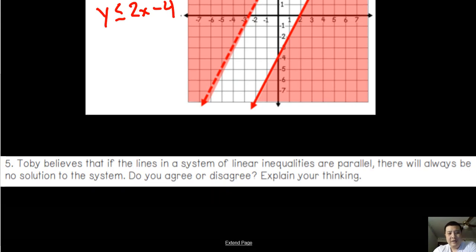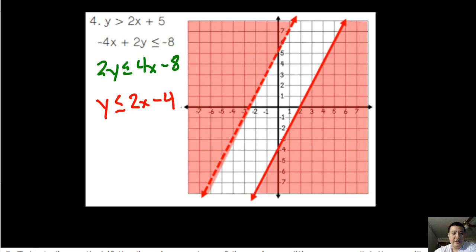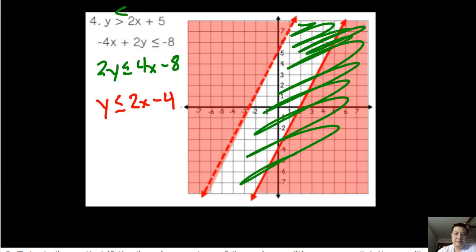Toby believes that if the lines in a system of inequalities are parallel, there will always be no solution to the system. Do you agree or disagree? Explain your thinking. Well, we could have very easily graphed the other way. So, for example, if this inequality instead was this way, instead of graphing this red region right here, we'd be graphing this region over here, like that.